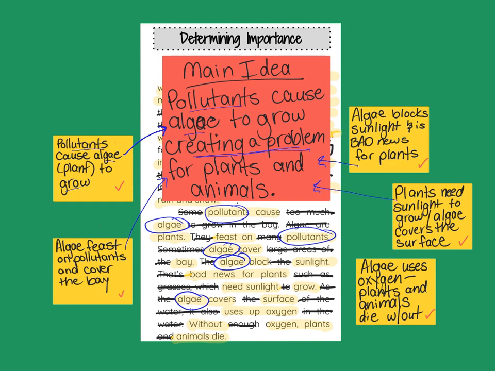Plants need that sunlight to grow, and algae covers the surface. That supports that it's creating a problem. Algae uses oxygen. Plants and animals would die without them. That definitely creates a problem. So I know I've inferred a main idea about this paragraph based on my details. And my details helped me recount or retell what was important in this passage.